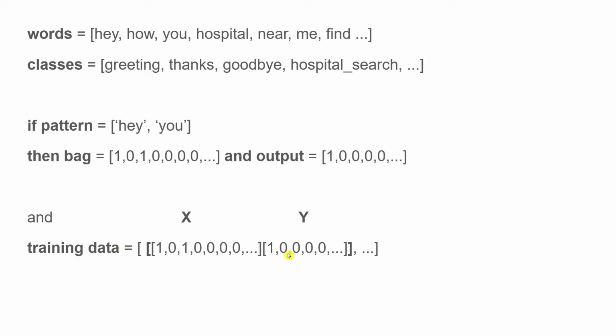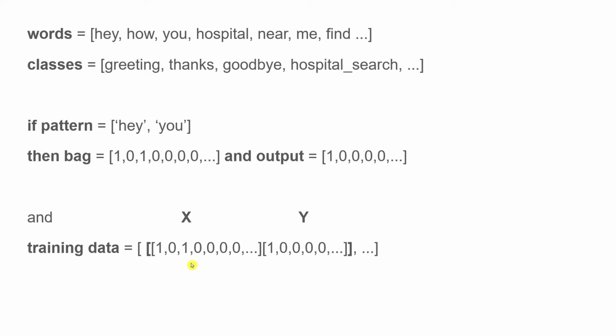X is the input, y is the output. So if the input is this bag, then the output is this. What we are trying to say is, if the input is hey you, then the output is greeting, right? So if we can recognize the class of data that our sentence falls into, then we can generate an output from the possible list of outputs for that class.